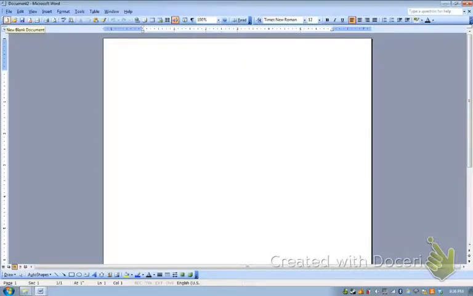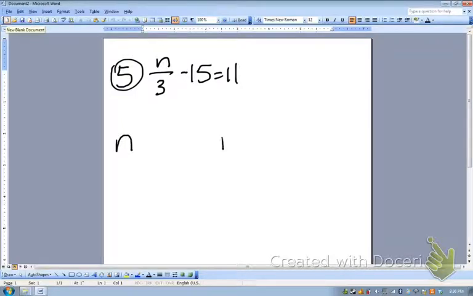All right, so now we are on to number 5. Number 5's problem is n divided by 3 minus 15 equals 11. I'm going to use the cloud for this one. I have n going to 11.